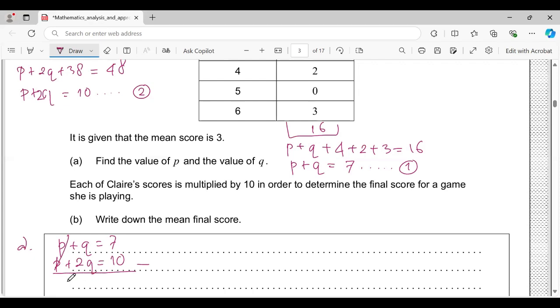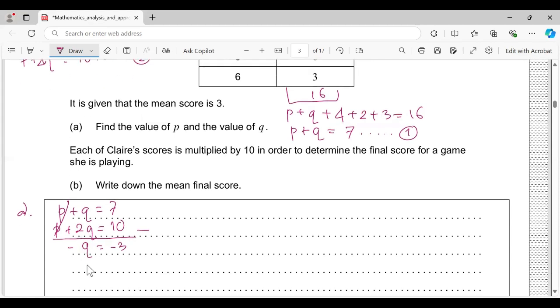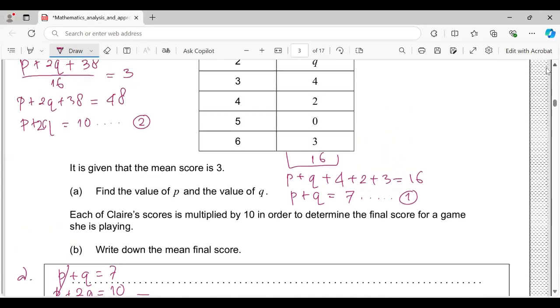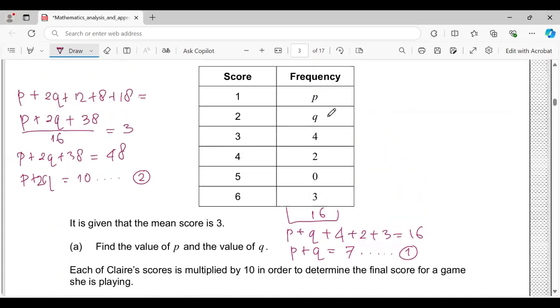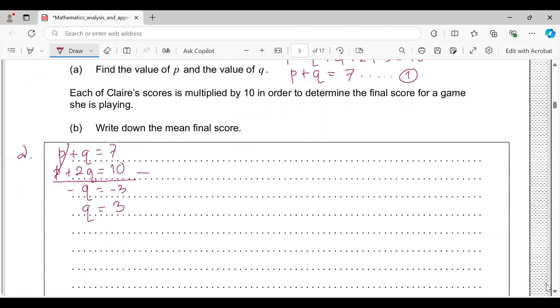Minus Q equals minus 3. So Q equals 3. Now we're going to find P. P plus Q equals 7.